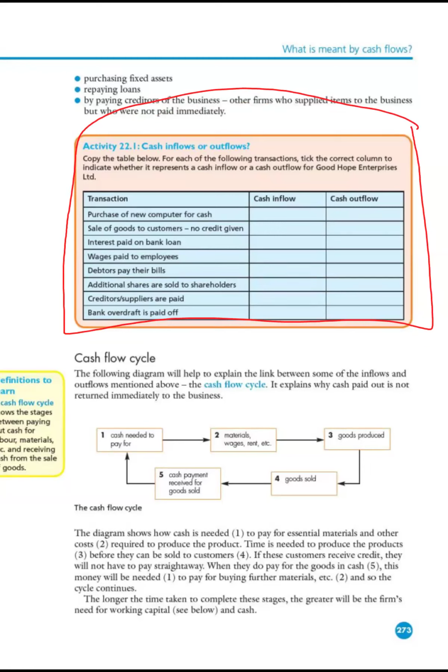So this is cash outflow because you know that a new computer is a non-current asset. And we said the purchasing of non-current assets leads to cash outflow. We have sold goods to customers, no credit given. That is to say, on cash. A sale of goods on cash. Drew, what do you think this is?